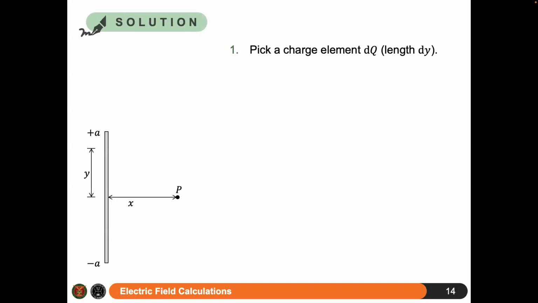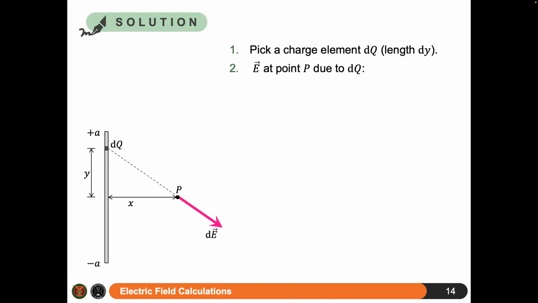Okay. So again, follow the tips. Pick a charge element dq. This time, meron siyang length dy. Kanina length dx kasi nasa x-axis. Ngayon, nasa y-axis siya, so length dy naman. Then, we find the direction of the electric field at point P due to this dq.